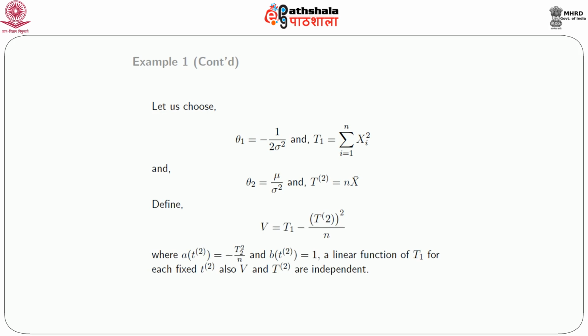Then we define V equal to T1 minus (T2)² by n, where a(T2) equal to −T2²/n and b(T2) equal to 1. Therefore, V is a linear function of T1 for fixed T2, and of course V and T2 are independent. It follows from the fact that the summation of (Xi − X̄)² is independently distributed of X̄.